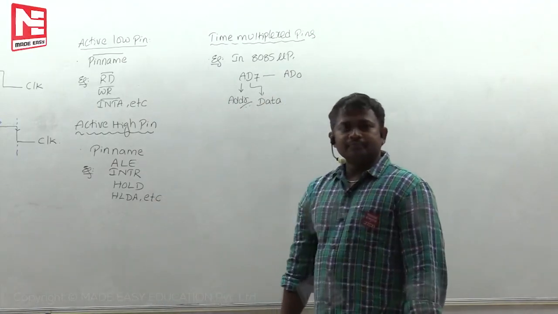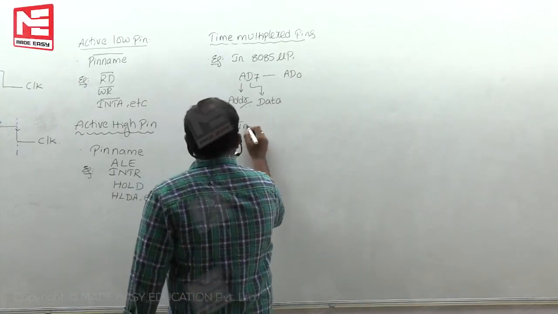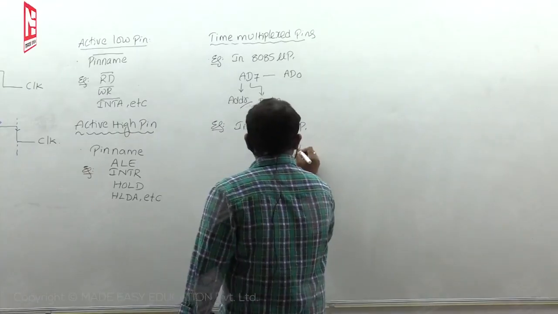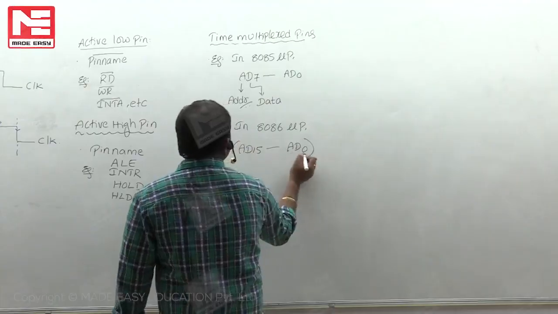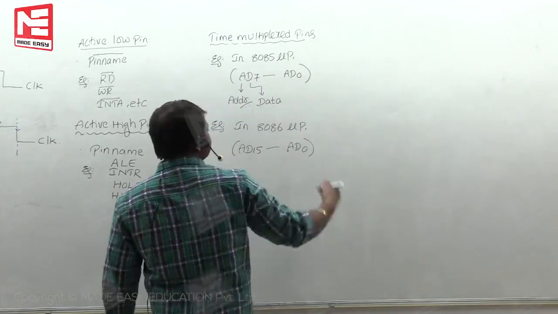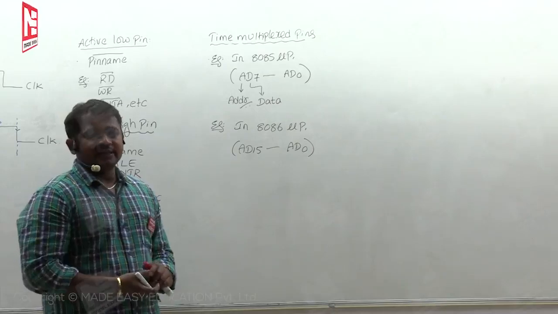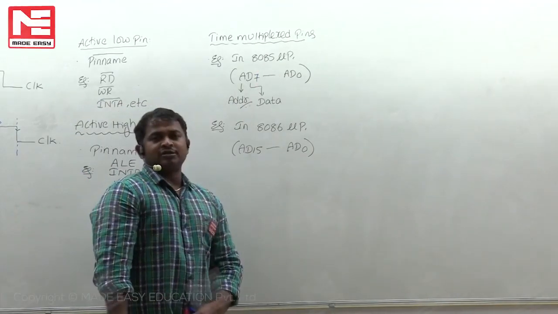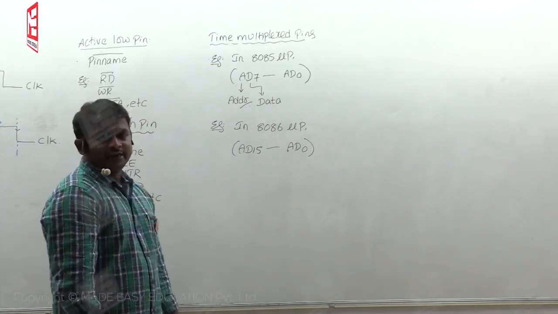Similarly, in the 8086 microprocessor, AD0 to AD15, total 16. It is a 16-bit microprocessor. 16 data pins are time multiplexed. 8085 is an 8-bit microprocessor. 8 data pins are time multiplexed. Clear?